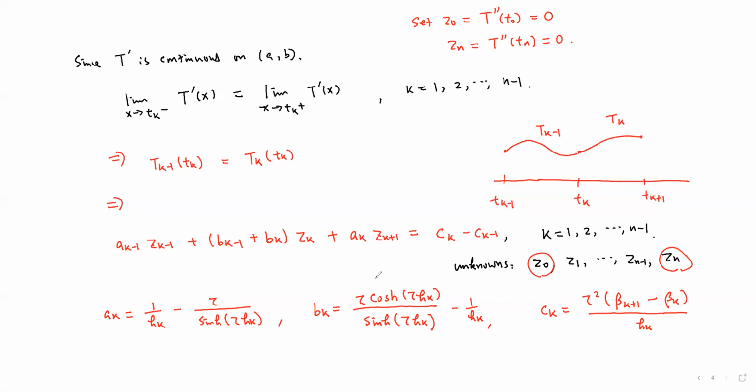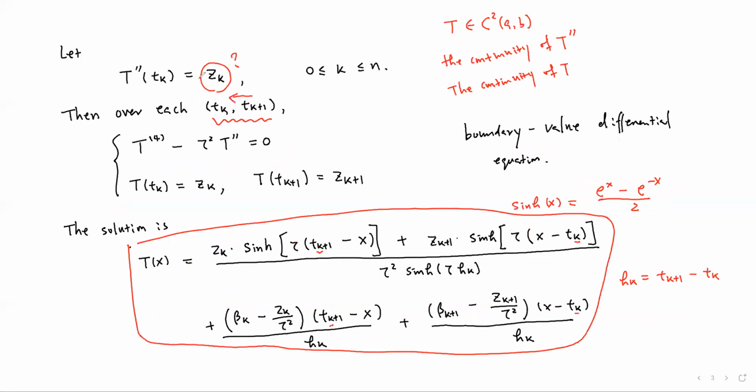So solve this linear system. We get all the unknowns, all the C's. After we get all the C's, plug the C's into the expression of t, then we can determine the function t over each subinterval.